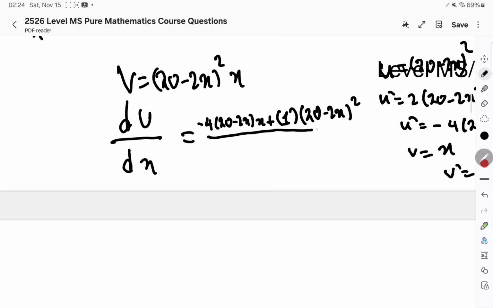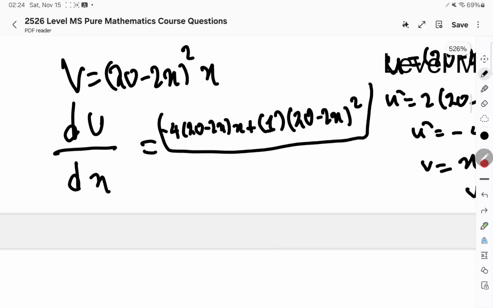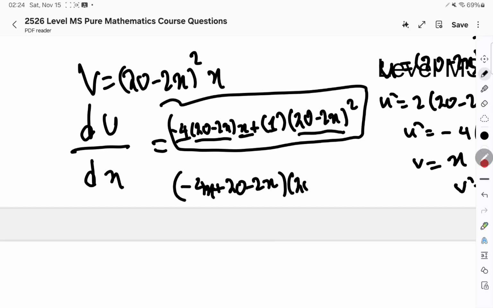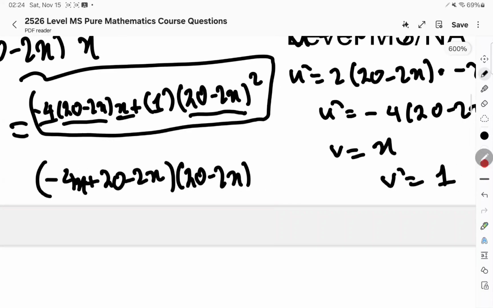And then we just have to simplify the derivative. We have to look for common terms here. The common term is 20 minus 2x. So we have now minus 4x plus 20 minus 2x. I forgot to multiply these two. Once you multiply these, you get minus 4x, and with the like term you get 20 minus 6x, times 20 minus 2x.